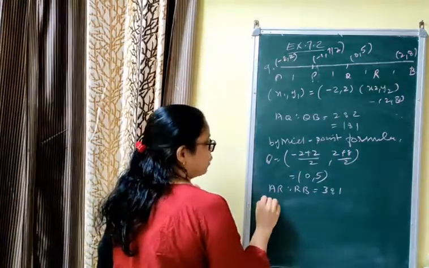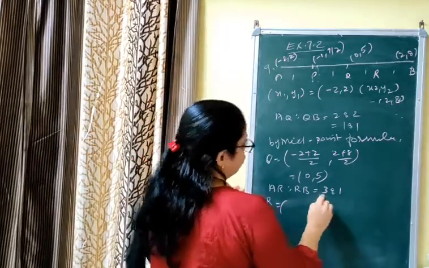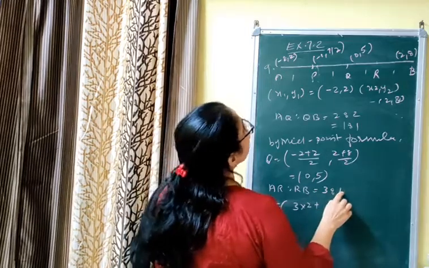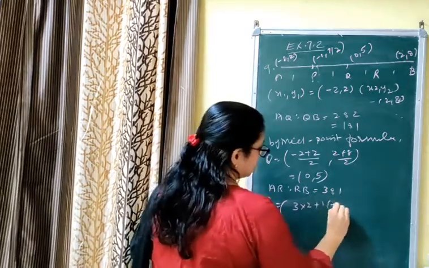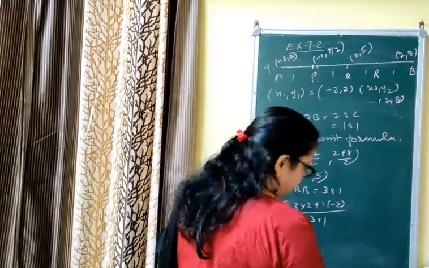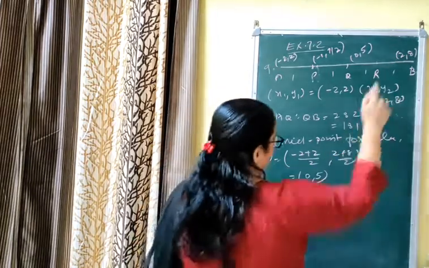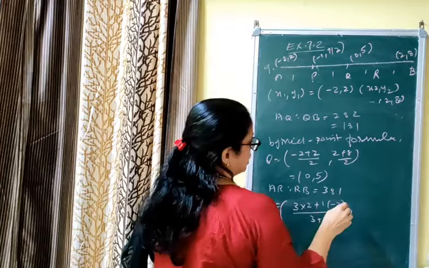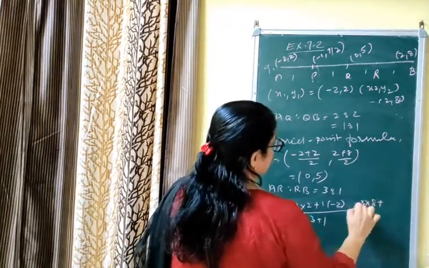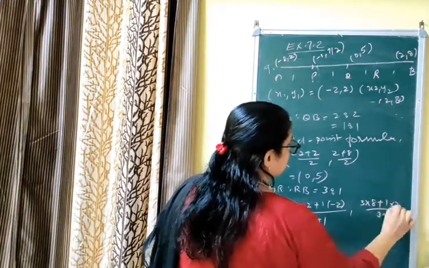Now by the section formula, you will get R equal to (m x2 plus n x1) upon (m plus n). m x2 means 3 into 2, plus n x1, which is 1 into minus 2, upon 3 plus 1. For y, m y2 is 3 into 8 plus n y1, 1 into 2, upon 3 plus 1.